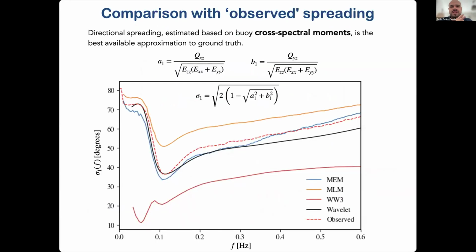Okay, so one of the trickiest parts here is telling what is the ground truth. I mean, I'm comparing one method to the other, but there is no way to compare with some ground truth.